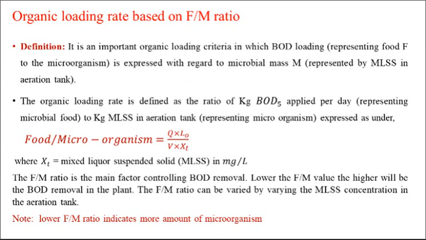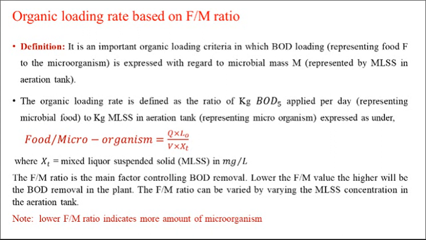Then the next parameter is organic loading based upon the food to microorganism ratio. This F/M ratio is one of the important parameters as far as the loading rate of an activated sludge plant is concerned.